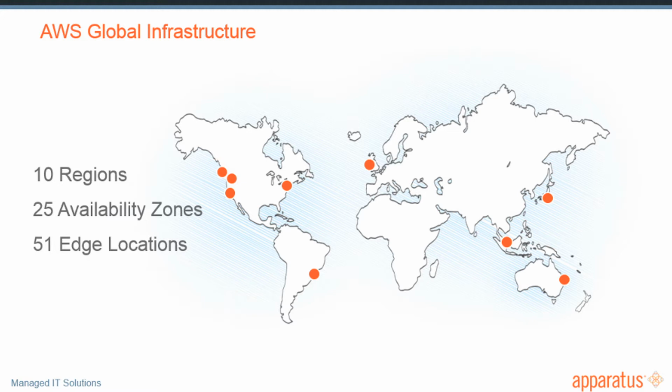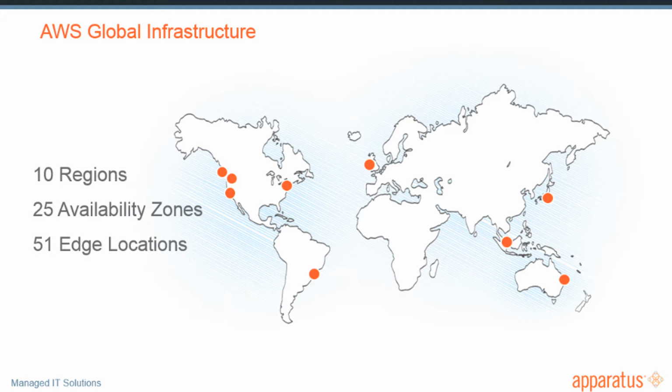So to talk a little bit more about the US East region again, those data centers are all in the DC area, but one availability zone might be, say, in Baltimore, another one might be in Arlington.